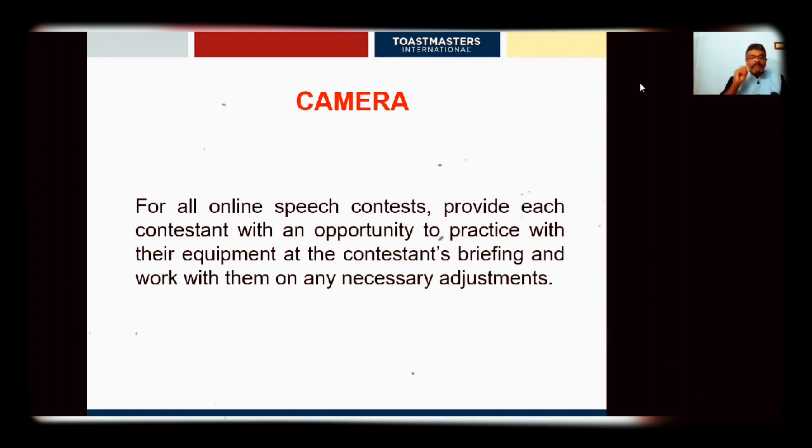When the contestant is speaking, all other participants should mute their microphones and turn off their cameras, except for the current speaker and the timer. Please do this, because sometimes the bandwidth can be low and the meeting can take a toss.